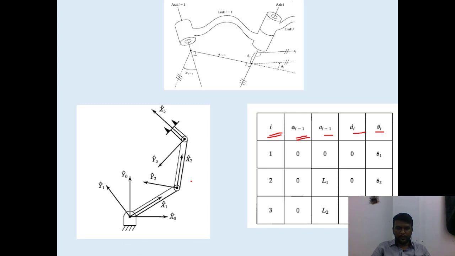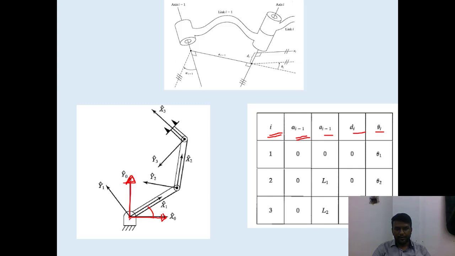This is a three link manipulator, with 3 degrees of freedom: theta 1, theta 2, and theta 3. We align three coordinate systems. First x0, y0 in the usual directions, horizontal and vertical.